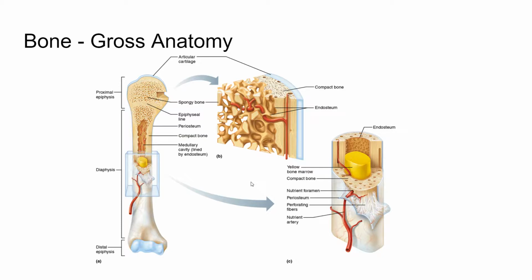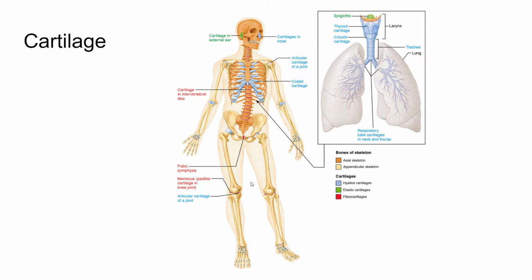And the yellow marrow, as you age, fills more and more space and the red marrow less and less, which makes sense. And that yellow marrow, its main purpose is to store fat, and it also has mesenchymal cells. Remember mesenchymal cells from when we talked about connective tissue, and those mesenchymal cells are basically like your stem cells for the bone.